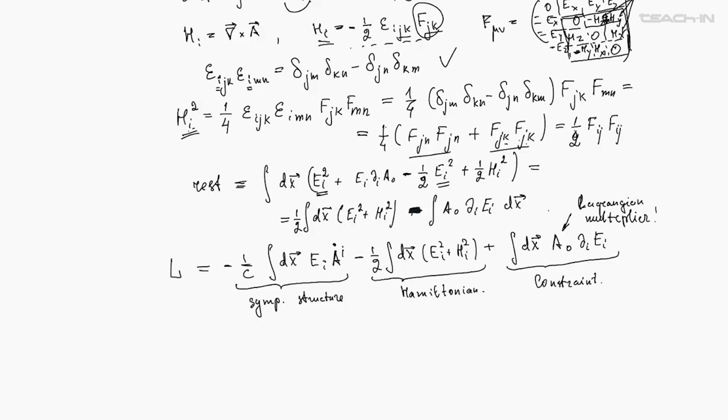The original Lagrangian was minus 1/4 integral dx f mu nu squared. I'm sorry, by symplectic structure, do you mean the symplectic potential? I mean that this term is responsible for the form of the Poisson bracket, for the canonical structure. I will write in a moment what it means.